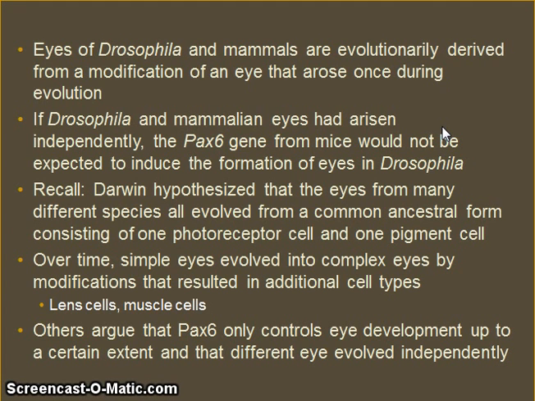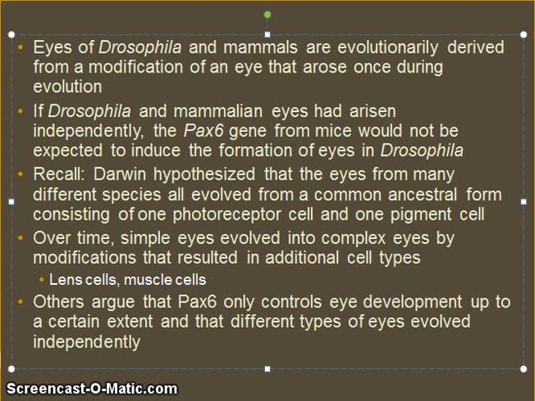And so let's recall that Darwin hypothesized that the eyes from many different species all evolved from a common ancestral form consisting of one photoreceptor cell and one pigment cell. We talked about that earlier, so let's keep that in mind. Darwin also said that over time, simple eyes evolved into complex eyes by modifications that resulted in additional cell types, such as lens cells and muscle cells.